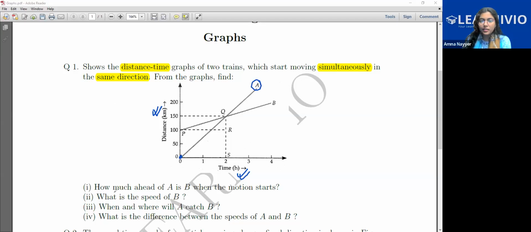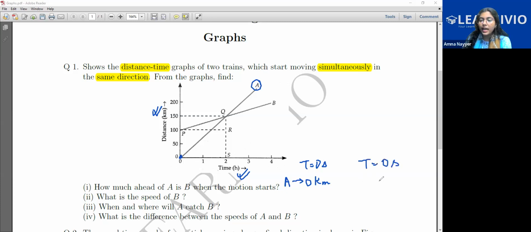For the first one, A is at the origin, meaning covering 0 kilometer. At the same time, at 0 second, A is covering 0 kilometers, for t equal to 0 second.